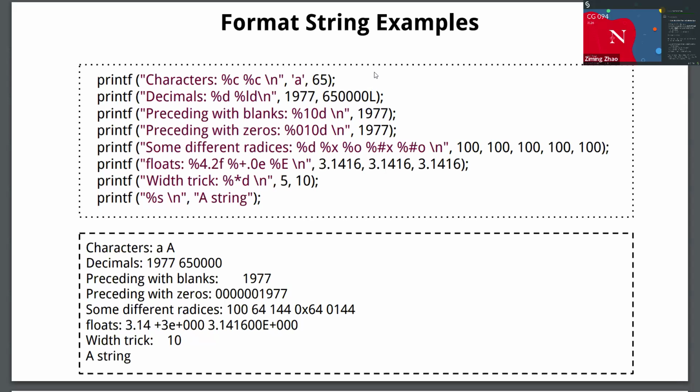Which letter are we printing out? The first percentage says we'll look for the next argument, which is a lowercase a. The second percentage says we'll look for the second argument, which in this case is the integer 65.